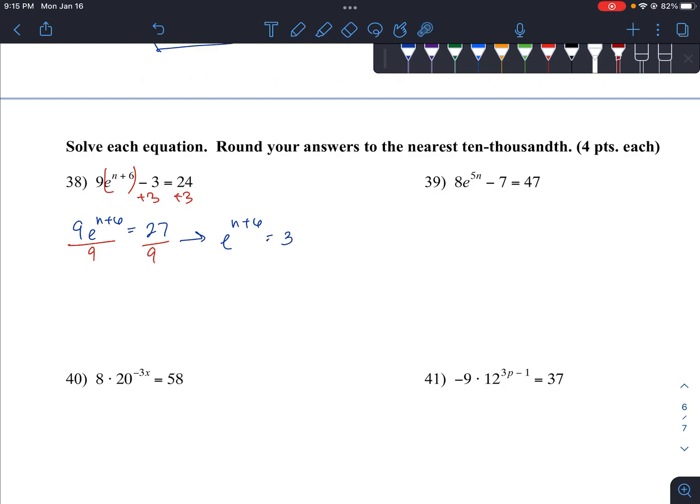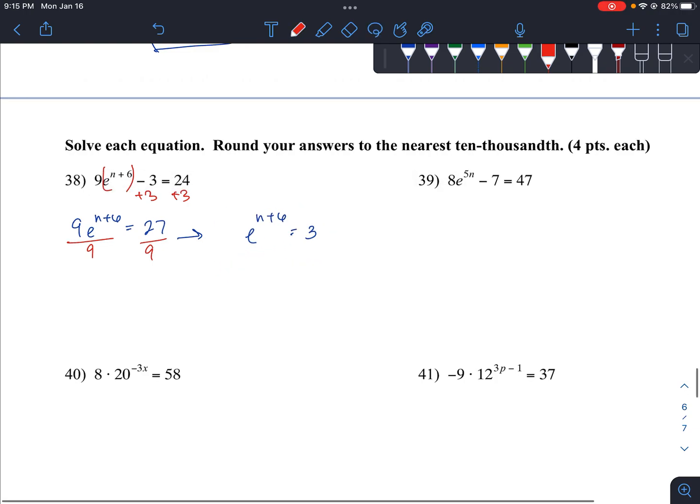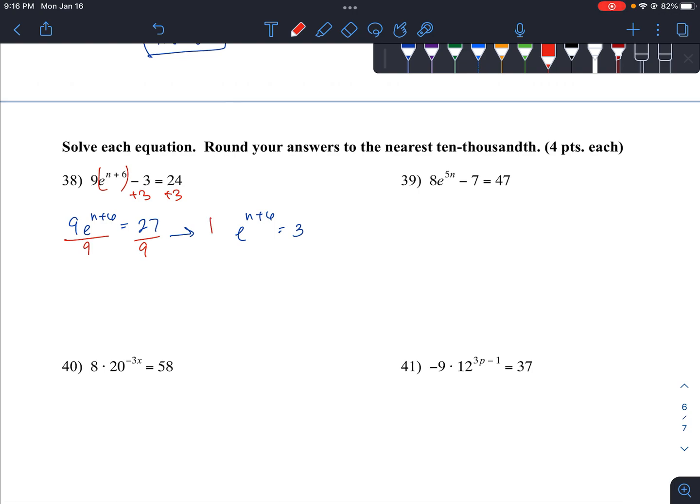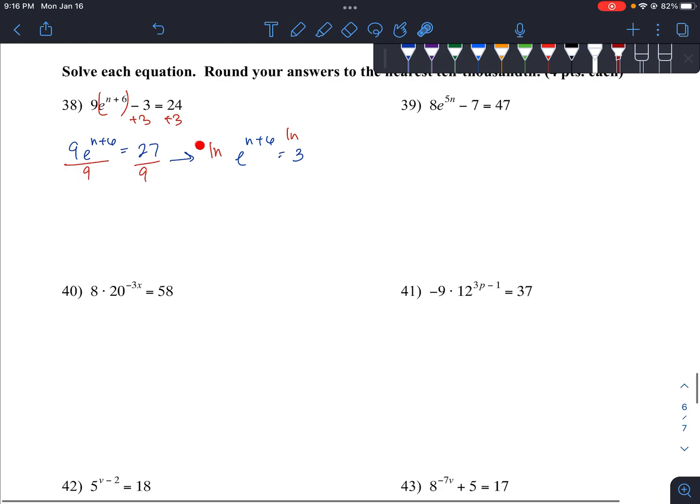Alright, so now that I have the exponential expression isolated, I am going to take a logarithm of both sides. In this case, I want to use a natural log on both sides since my exponential is base e, and natural logs have a base of e. And then these would cancel, leaving me with n plus 6 equal to the natural log of 3.